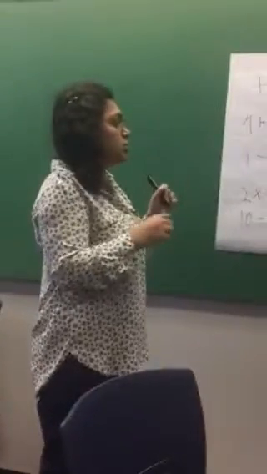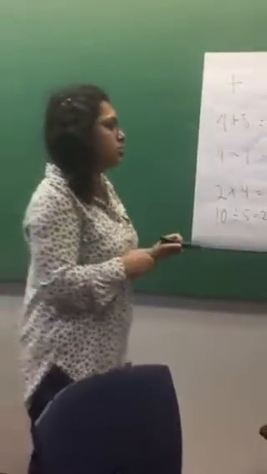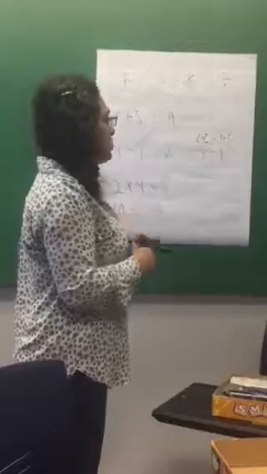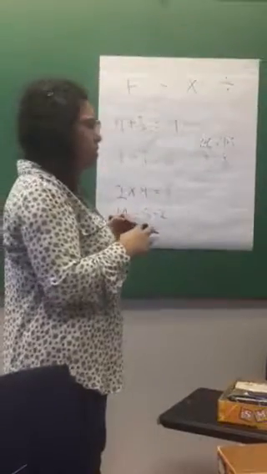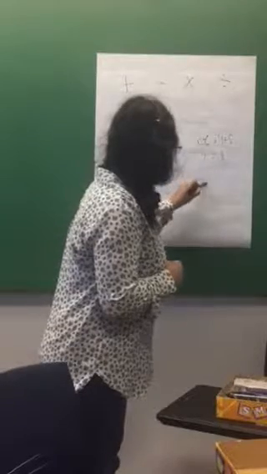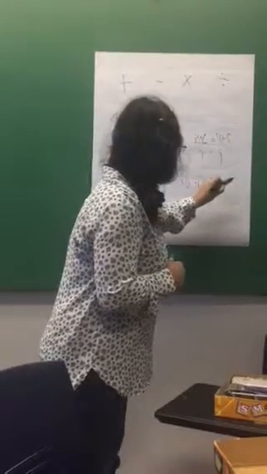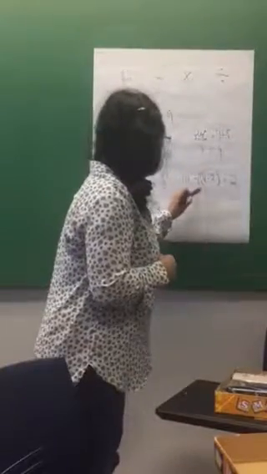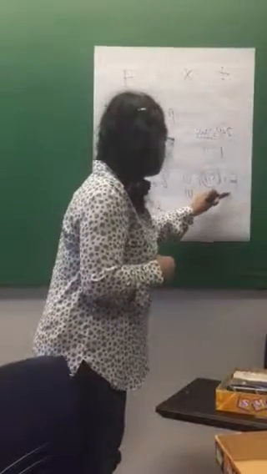You can also use parentheses to make the equation a little bit bigger. For instance, 10 minus 4 times 2 is equal to 2. This simplifies to 8, and then 10 minus 8 is equal to 2.